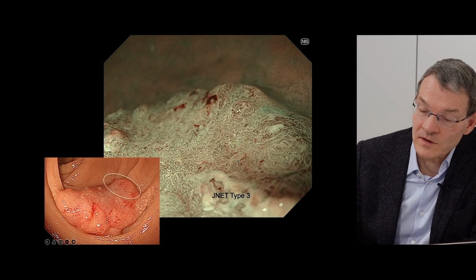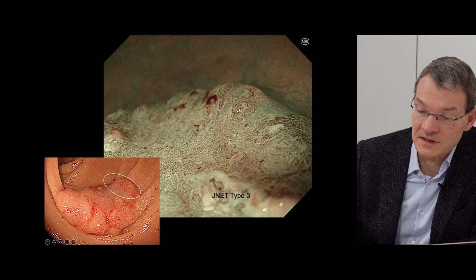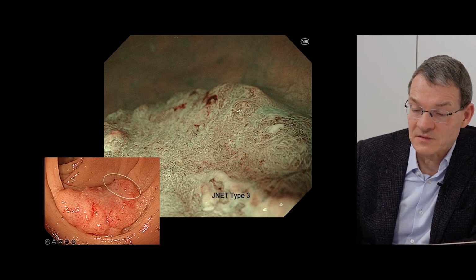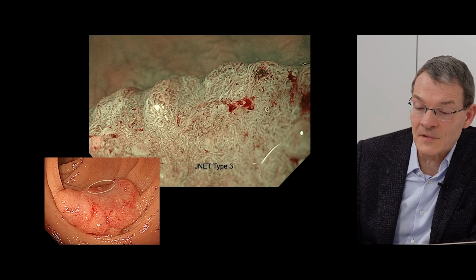And then when we follow at the proximal part of the lesion, this is definitely type 3, because we have somehow avascular areas as well. And so I think, as we said at the beginning, this polyp is highly suspicious for deep submucosal cancer.